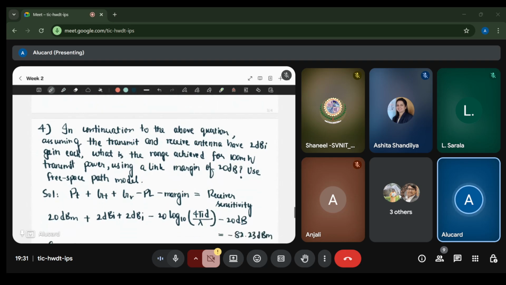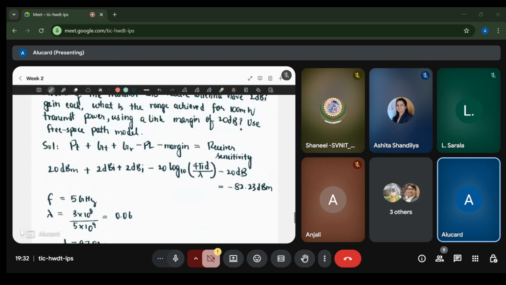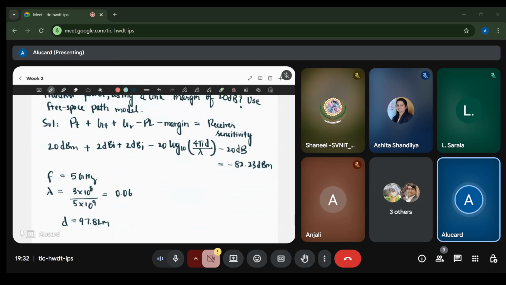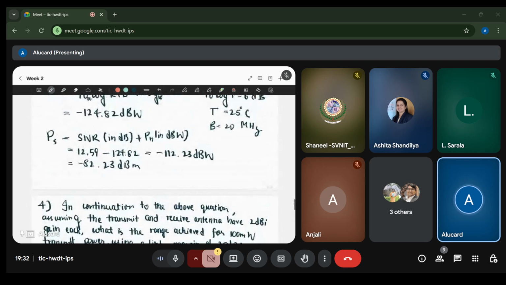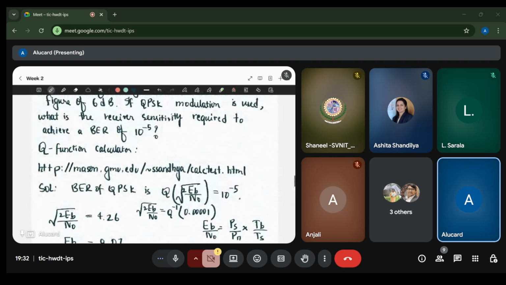You also want to give a link margin, an error margin for your outage, which is 20 dB, and your antennas are giving you extra gain, 2 dB each. Then you can transmit up to 97.82 meters. You can't transmit further than that. If you do, the power that is being delivered to the receiver will be less than your receiver sensitivity. And then if that happens, your receiver can't guarantee you a BER of 10 power minus 5.